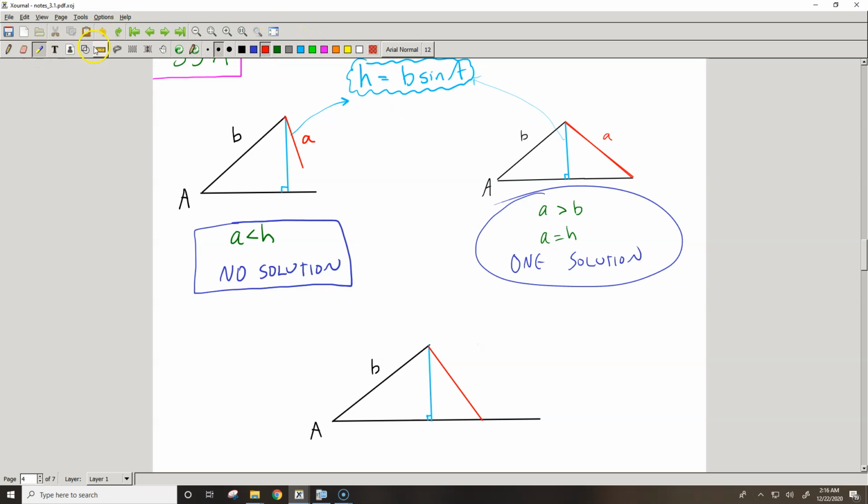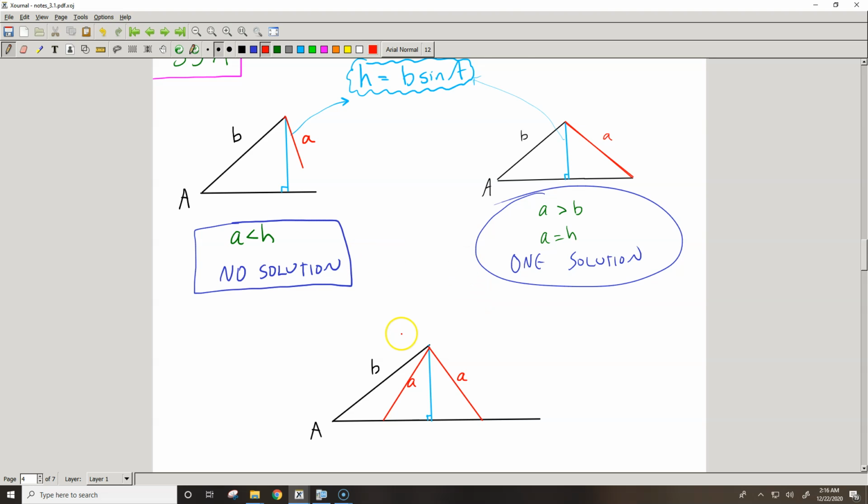Someone else could take that same exact A value of 9, and they simply could draw it this way, and it would be the same length, the same angle would be intact, the same other side would be intact, but you could have two different possibilities. So you could have an A value that goes like this or like this.